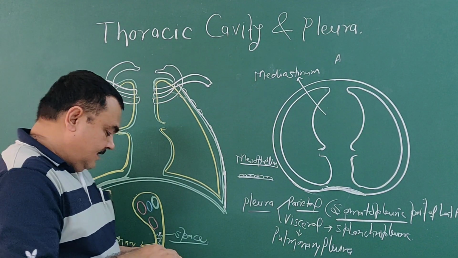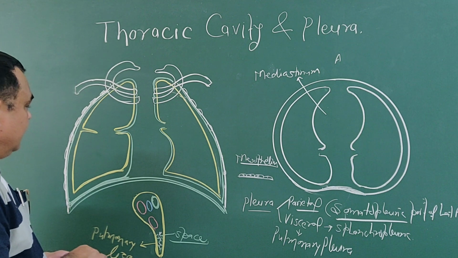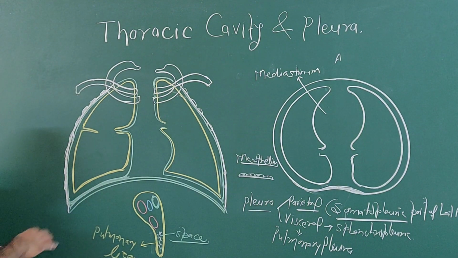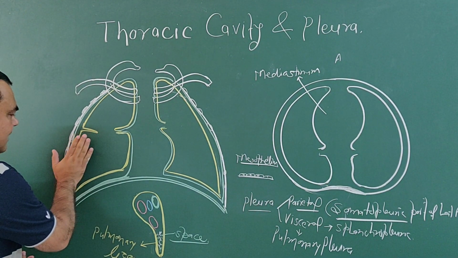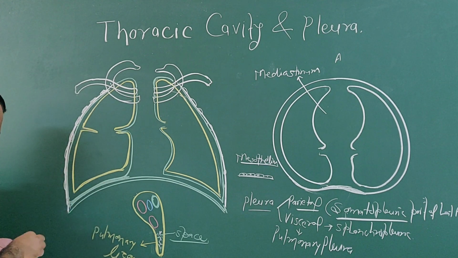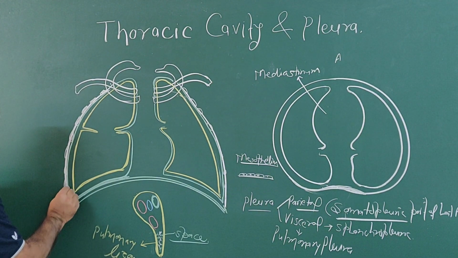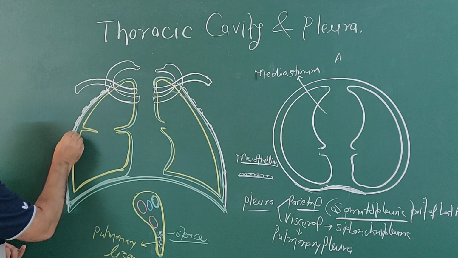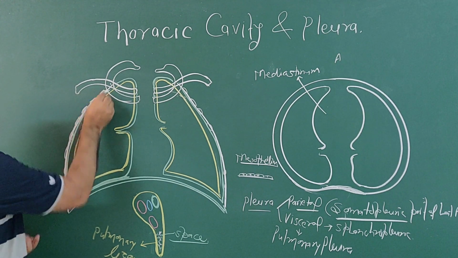Another thing, this parietal layer, this parietal pleura, according to position, it is divided into several parts.